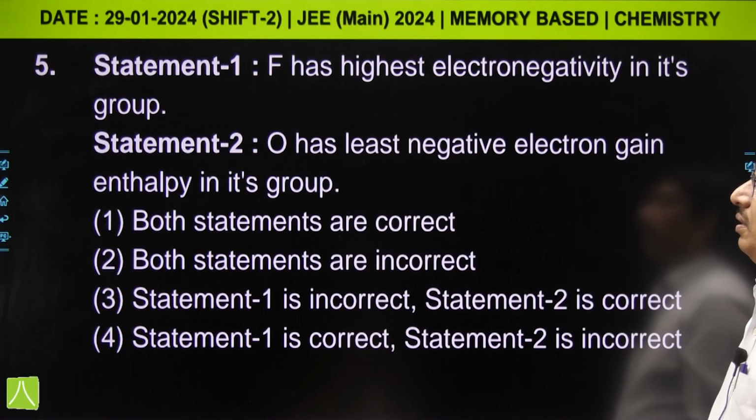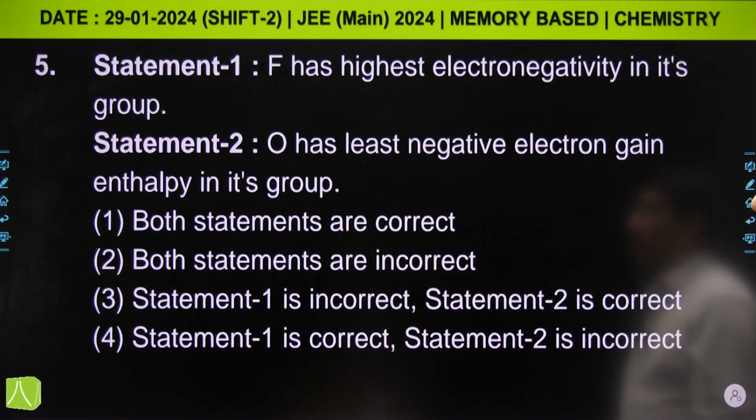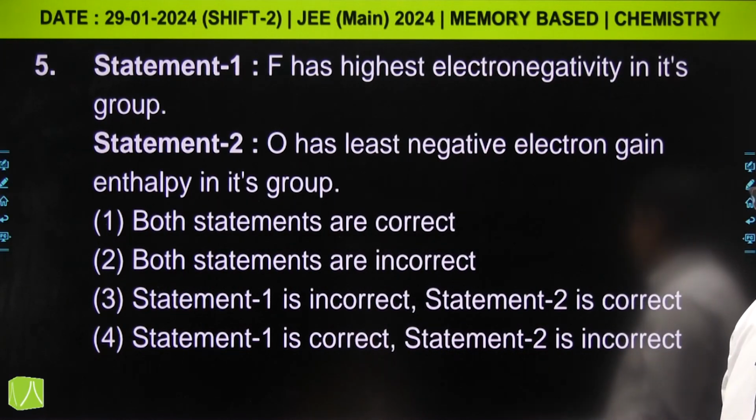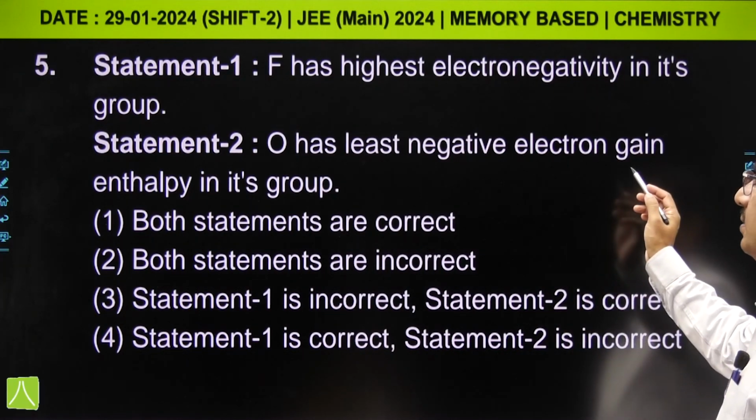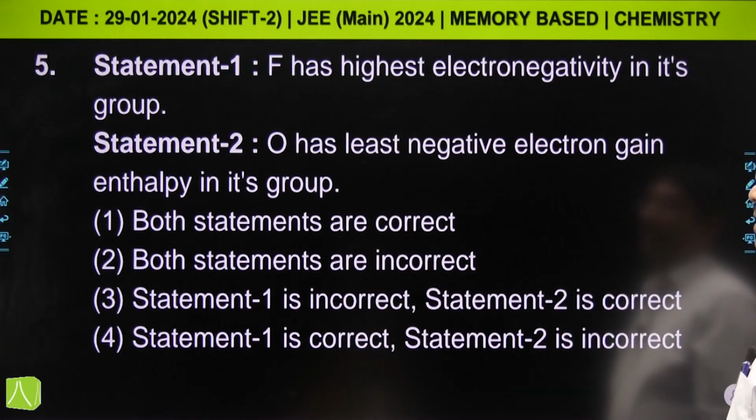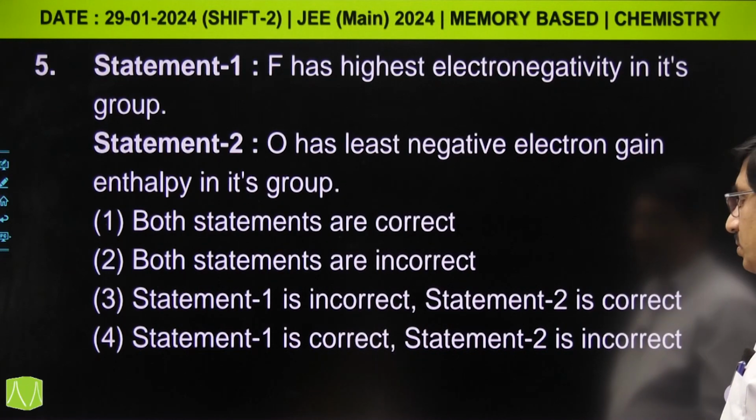Next question, this is from periodic table. Here the statement 1, fluorine has highest electronegativity in its group. Yes, it is true, and among all the elements highest electronegativity is for fluorine. According to Pauling scale, its value is 4. And oxygen has least negative electron gain enthalpy in its group.